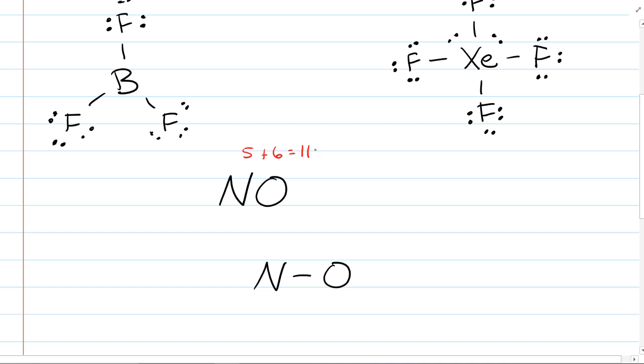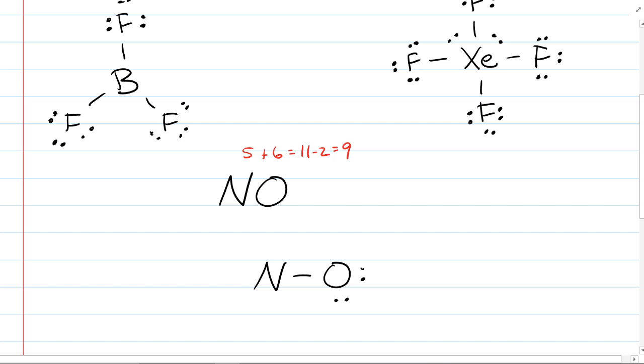At this point we've used up 2 valence electrons, which means we've got 9 left. Now nitrogen again is the atom of lower electronegativity, so even though there's only 2, we consider it to be the central atom. So that means the next electrons get assigned to oxygen.